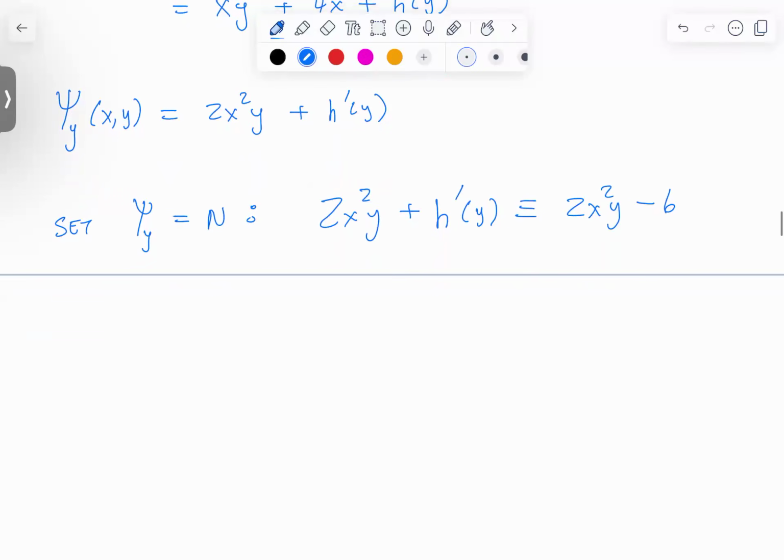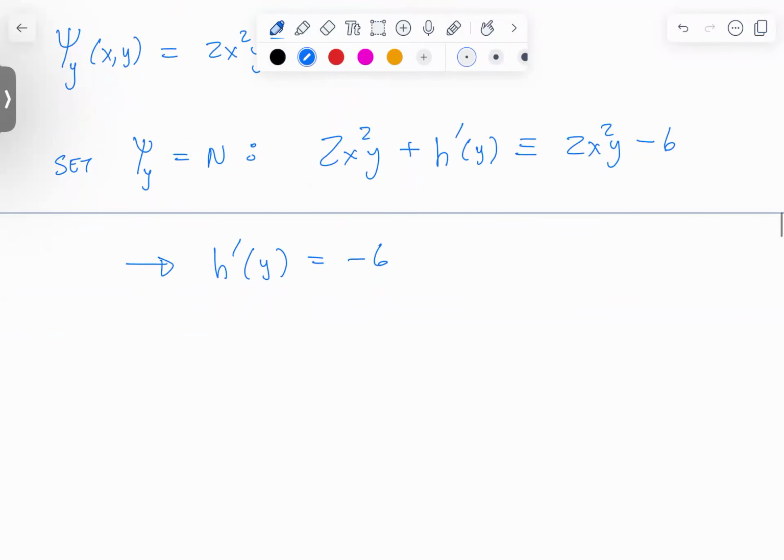And oh look, that one actually lines up really well, indicating h prime of y equals -6.